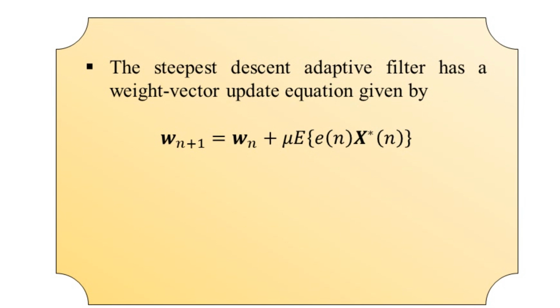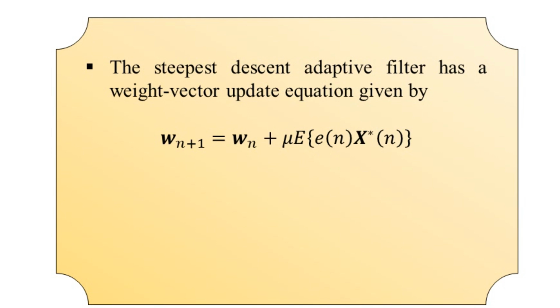Now as we see the second term of the RHS here, it is mu, the step size that we have discussed in the previous video, multiplied by the expected value of the product of the error signal e(n) with the complex conjugate of x(n).